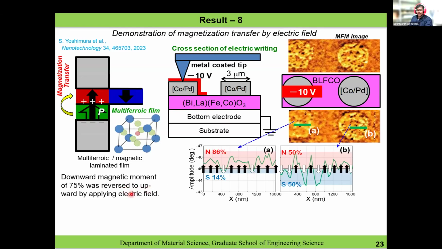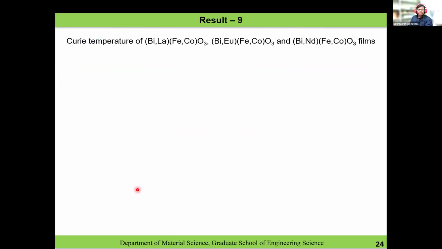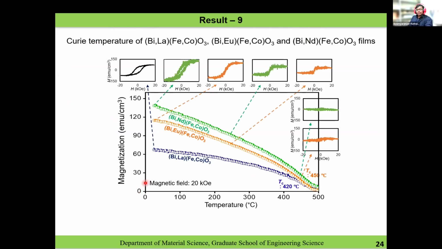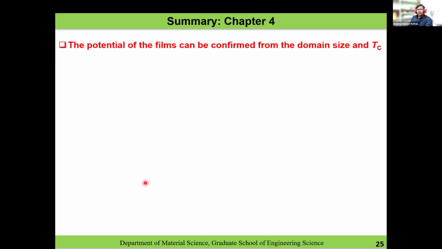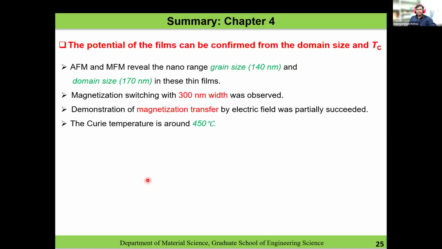Of course, this is not 100%, so now it's a challenge for us to find how to get 100% data switching. We also enhanced the Curie temperature up to 450 degrees Celsius. Considering all, we confirmed that these are materials which can be candidate materials for the devices that I proposed. Thank you very much for your patience and attention.